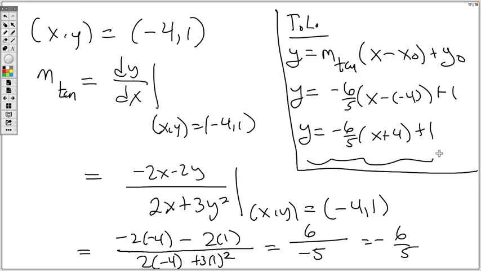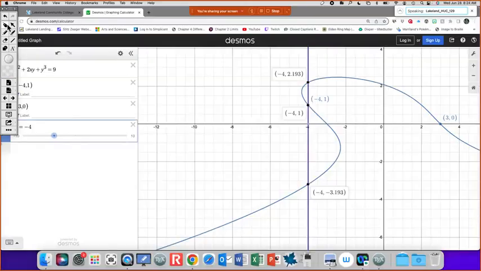And what's going to be the ultimate check that that really and truly is the tangent line? What should happen when I graph that line? It should look the same as the curve when I zoom in. You follow? Any questions on plugging that into the line for me? All right, let's look and see.